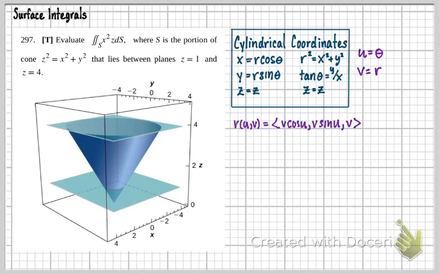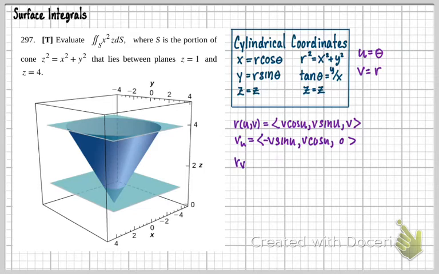Now I'm going to need my r_u. So then my r_u is going to be negative v sine u, comma, v cosine u, comma, 0. And that's my r_u.